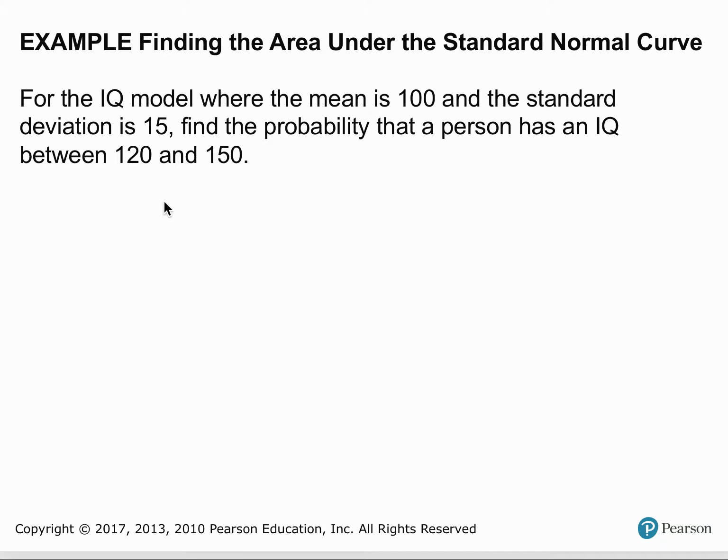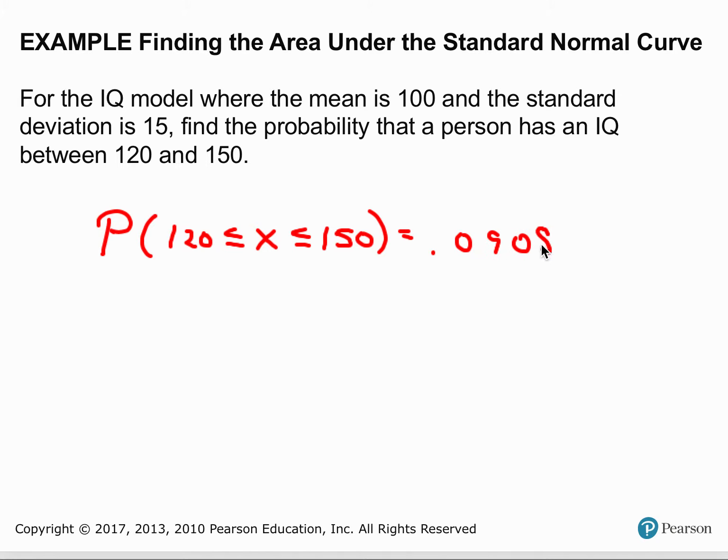Okay. So the probability that we are between 120 and 150 is 0.0908, right?